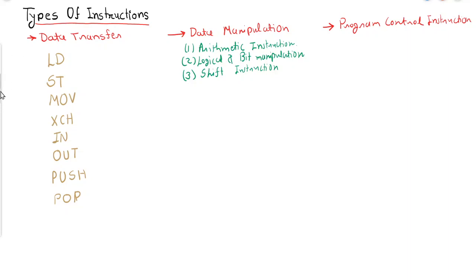Some of the arithmetic instructions are as follows, for example: incrementing the value of a register, then addition, then subtraction, then decrement, then multiplication, division, then addition with carry, subtraction with borrow, then negate, means two's complement.